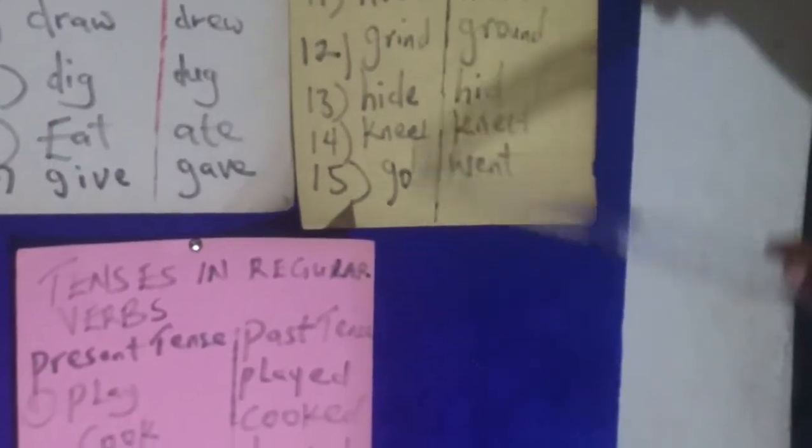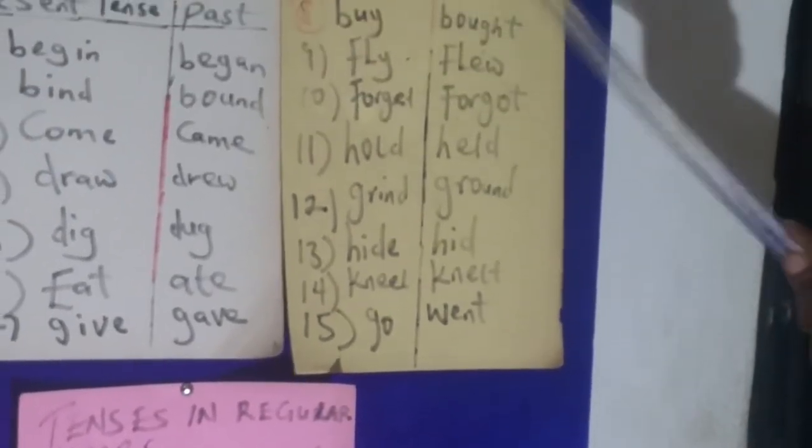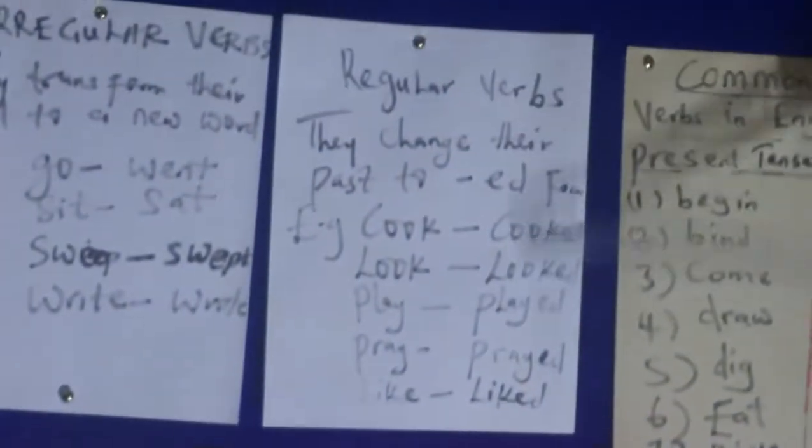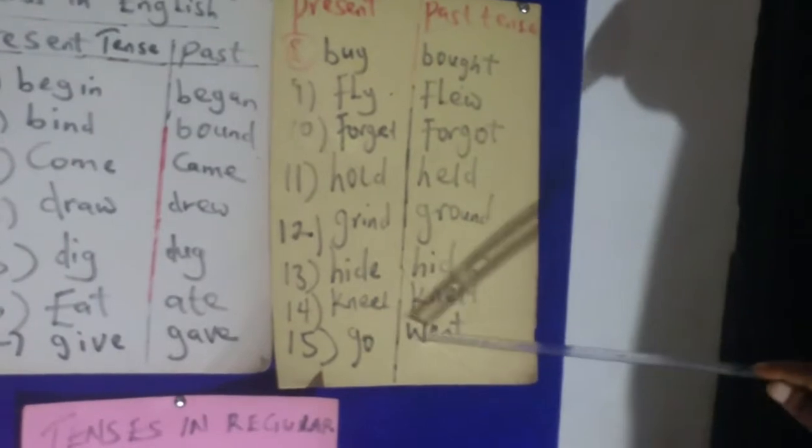If you check this, you can see transformation from one word to another. The words are different. Unlike this one, the only change you can see here is the addition of ed, but here the words went through a process. For example, go has changed to went. That is why these are called irregular, while this one is regular.